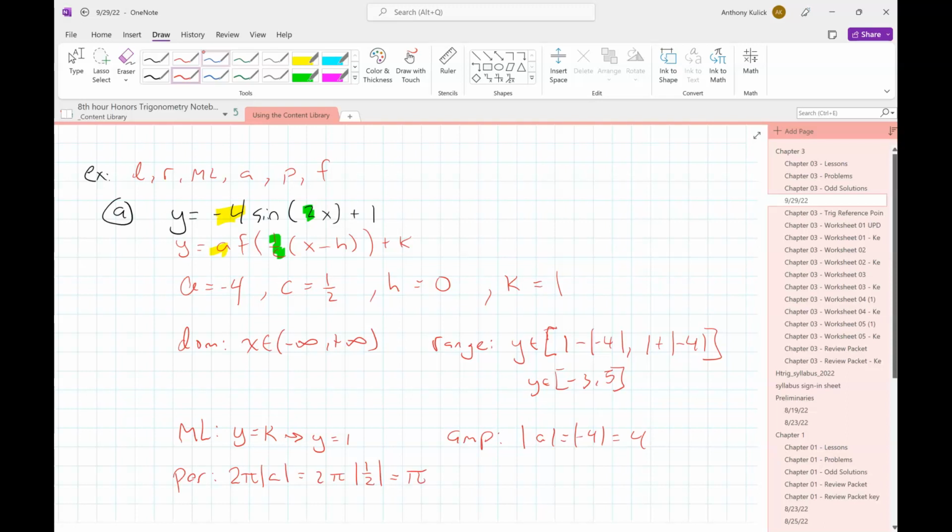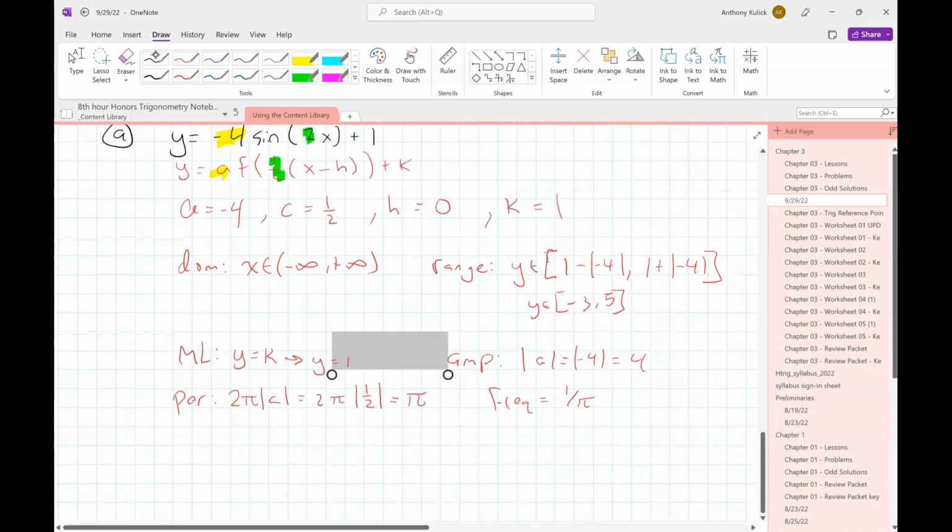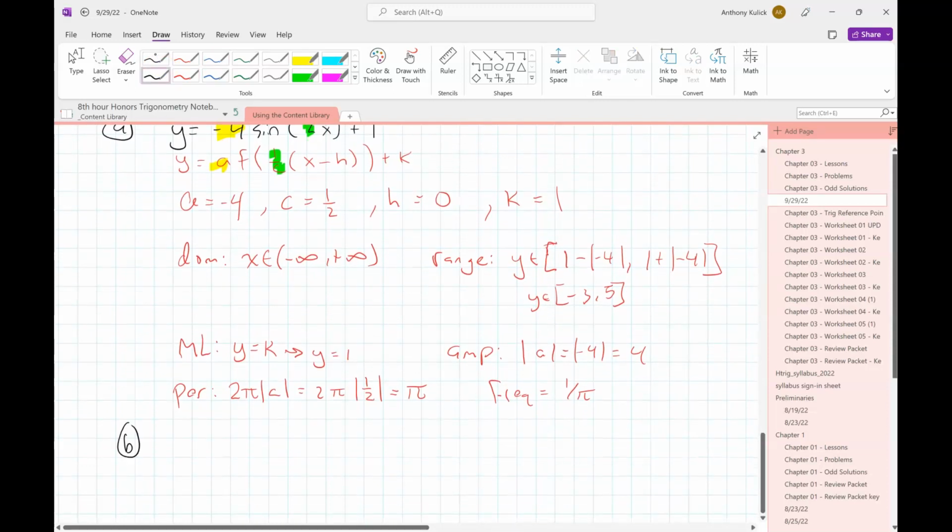Pi. Very good. So the frequency then is 1 over pi. Well, that's not so bad, Mr. Kulik. Yeah, it's not. But you've got to remember how to find those things.